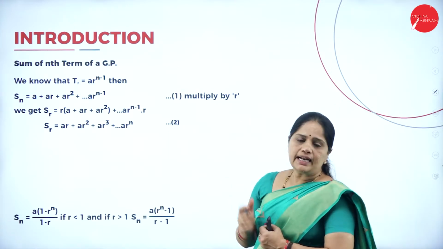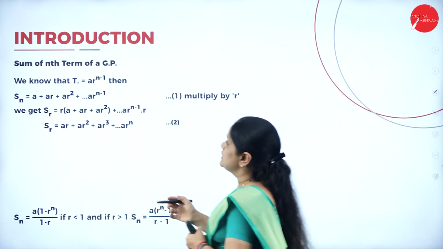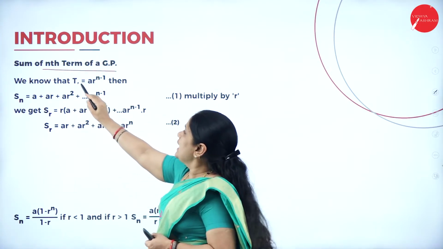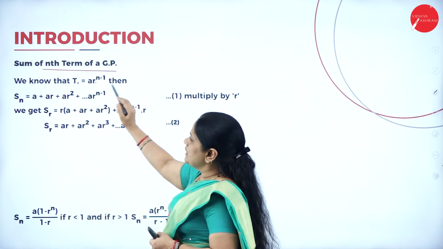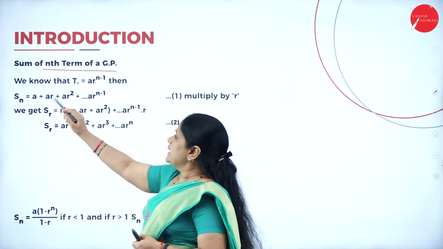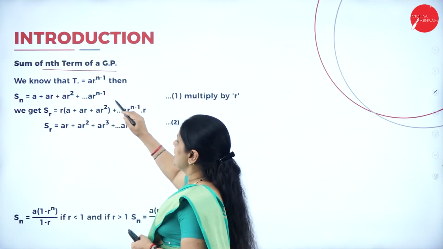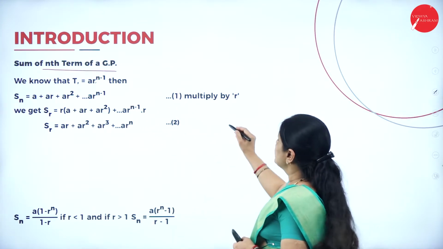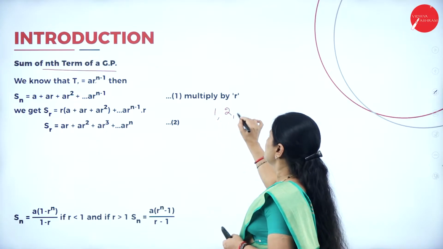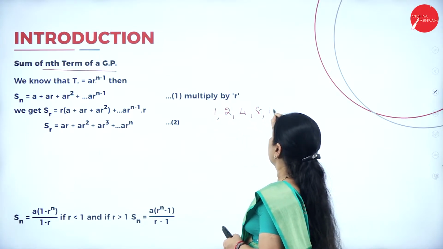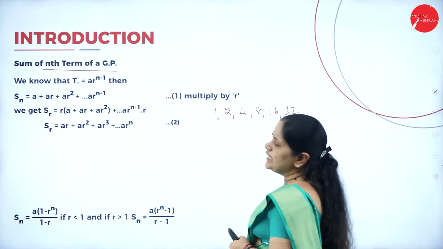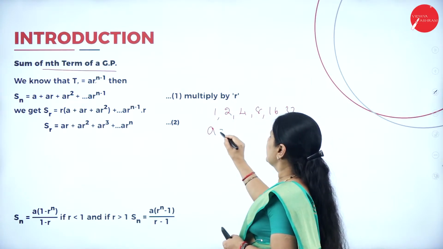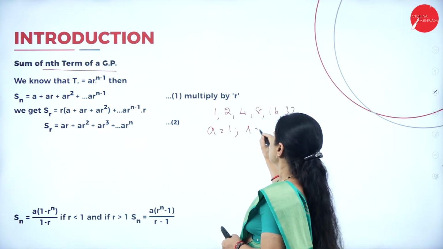Now next, let us find the sum of n terms of a GP. We know that Tn equals ar to the power of n minus 1. So Sn will be a plus ar plus ar square plus up to ar to the power of n minus 1. Suppose I consider this GP 1, 2, 4, 8, 16, 32. What is A here? A equals 1. What is R here?